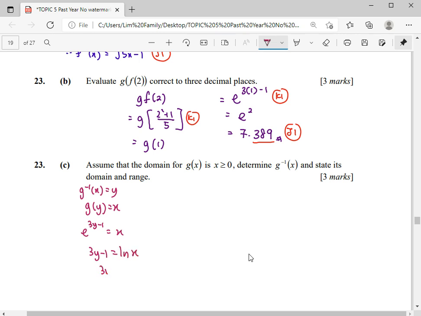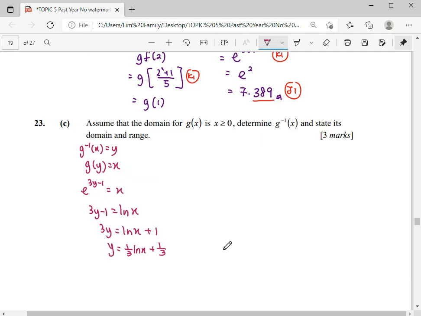To the opposite, find our y. So I can write y equals ... divided by 3 for this whole function. So this will be our g inverse.